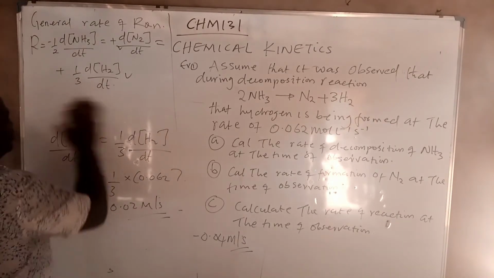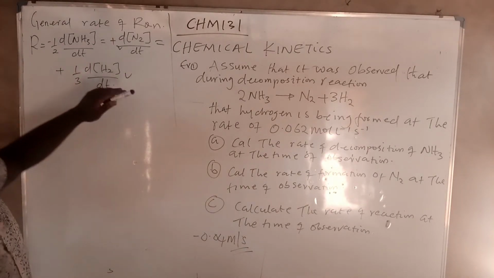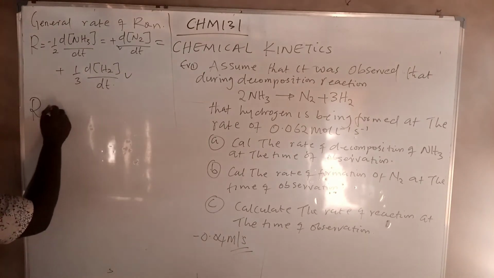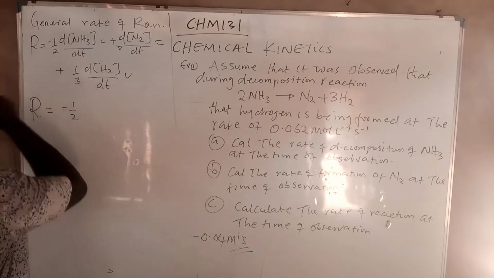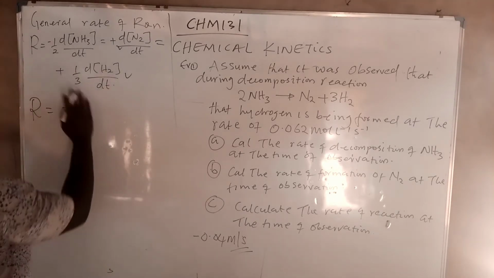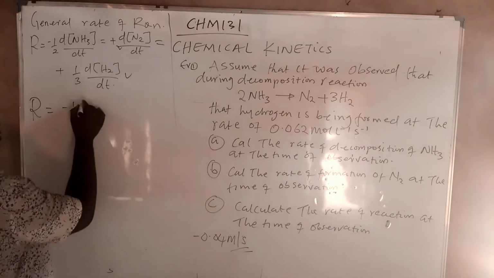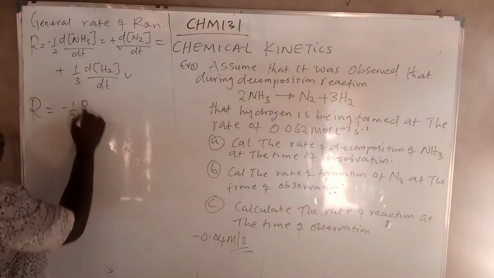From the beginning, look at it. I said the overall rate of reaction is this. If I use any of these values, R is equals to minus 1/2 into that of the nitrogen. And what is the answer we got at that of the nitrogen? I think it is 0.04.